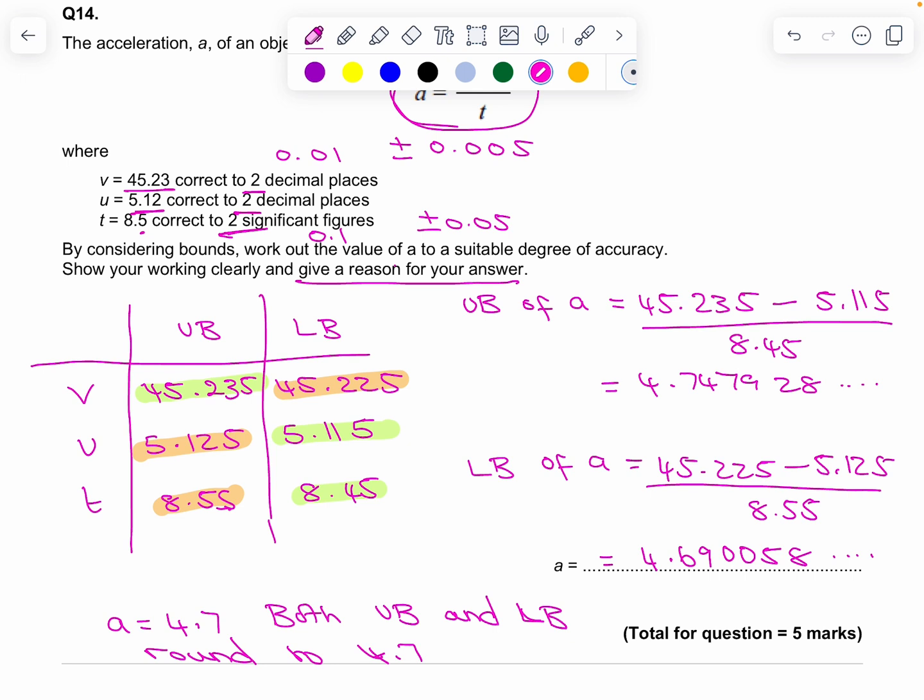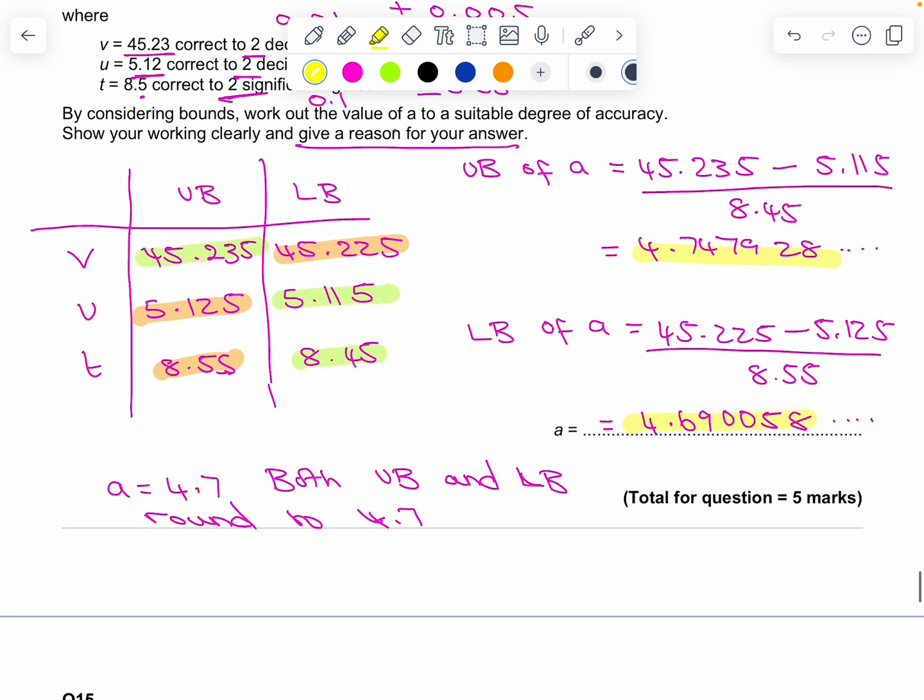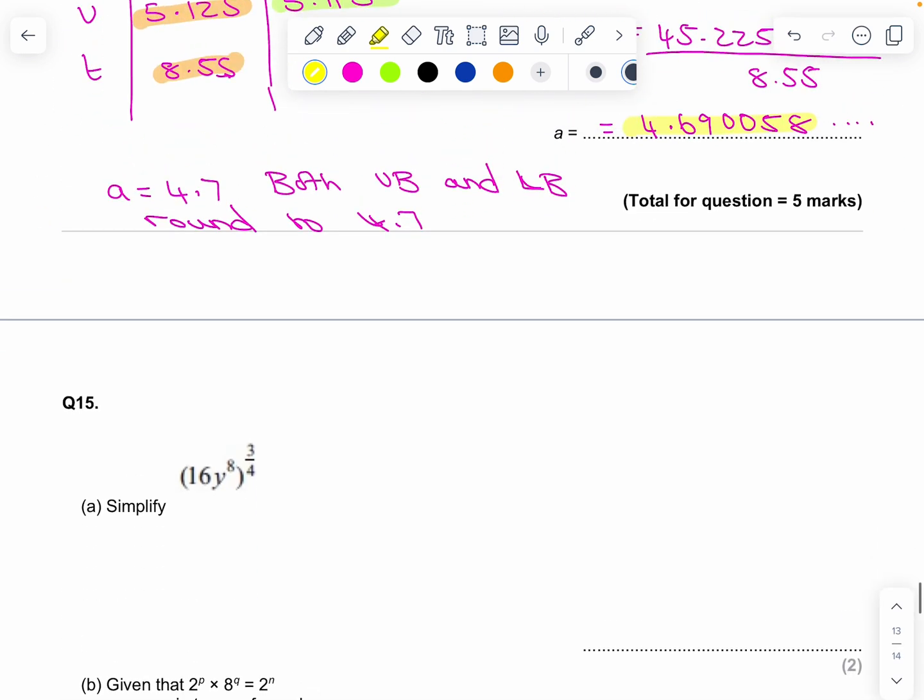So you look for what they can both be equal to, what they both round to be the same. When you look at your upper bound and lower bound, where they are both equal is when we round to 1 decimal place. So that's 4.7. I can give you more questions like that in class if you want to practice that.